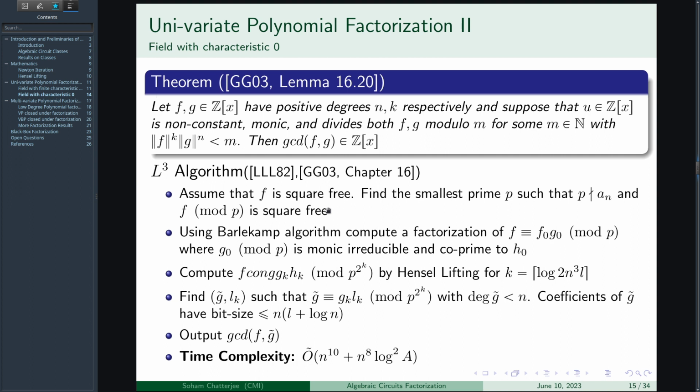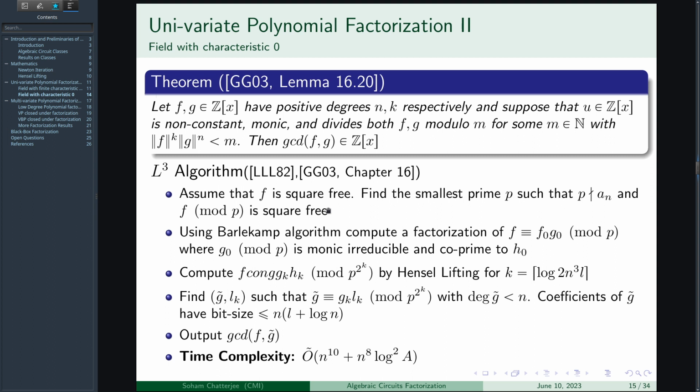Then it Hensel lifts with respect to p, lifting up to p to the power l, with log 2 of l many steps. And then we get the lifts g_k, h_k.